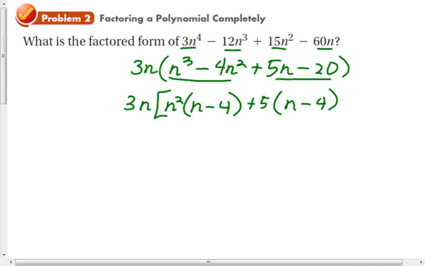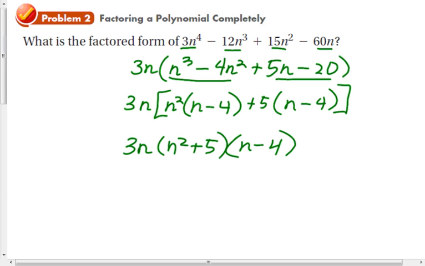So plus 5. So we now have factors 3n, n squared plus 5, and n minus 4. And then we just want to check those and see if we can factor any more of those. And this is not a difference of 2 squares, so that's not factorable anymore. So that's our final answer. Go ahead and try that.